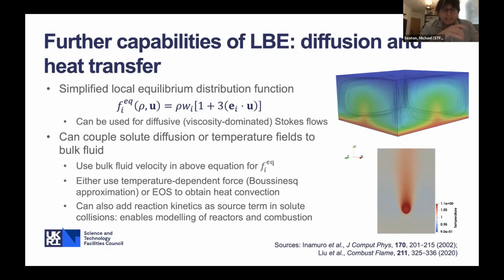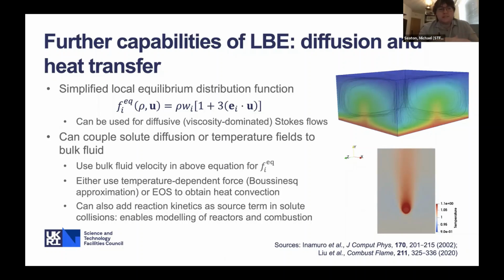In the case of a temperature field, that gives us heat conduction. If you want to see the effect of the flows generated by changes in temperature, that is heat convection, and we would either need to specify a particular equation of state for our fluid, or we can add in a temperature dependent force.